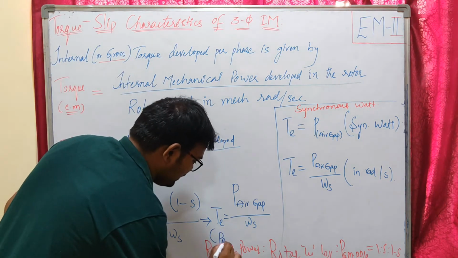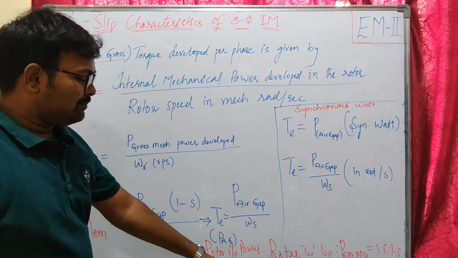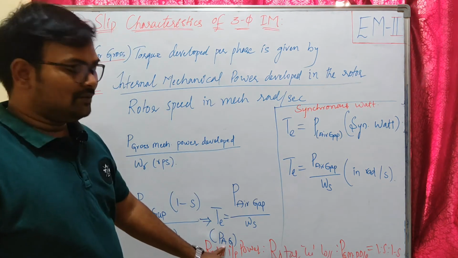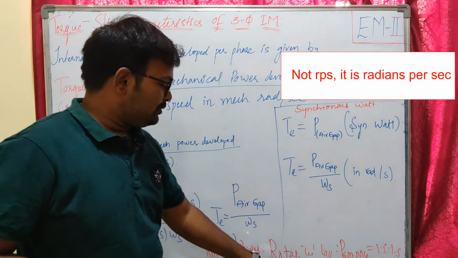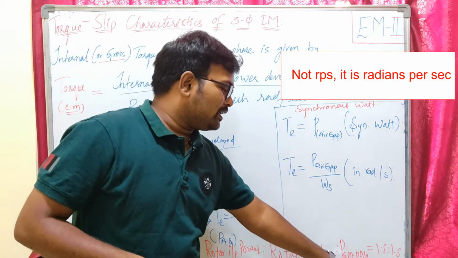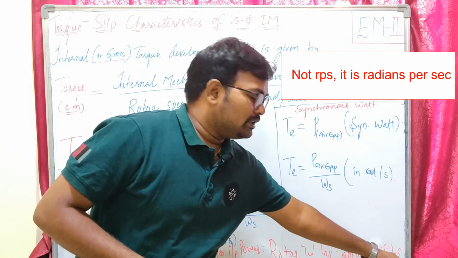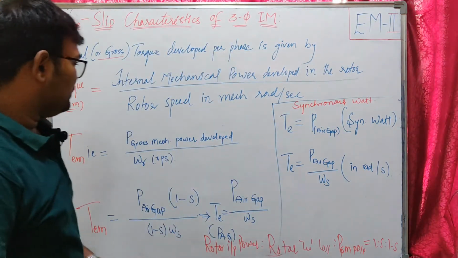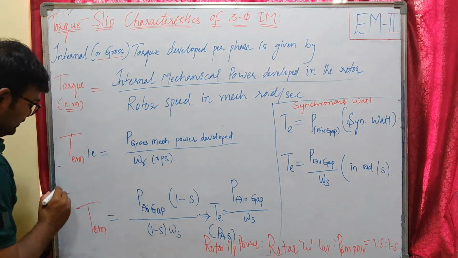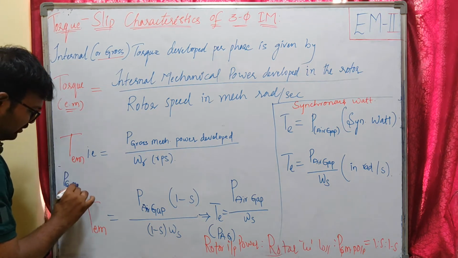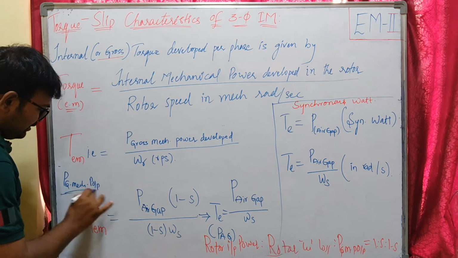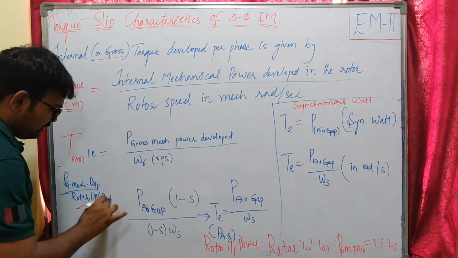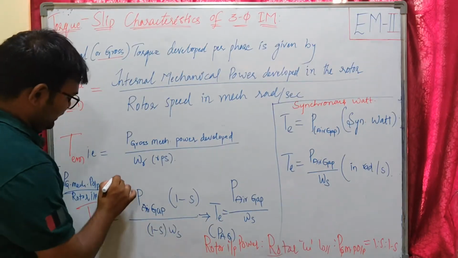Rotor input power is nothing but air gap power, which comes from the stator. So, the air gap power to rotor copper loss to gross mechanical power developed is 1 : S : 1 minus S. The relation between the gross mechanical power output and the rotor input, which is air gap power, is 1 minus S by 1.